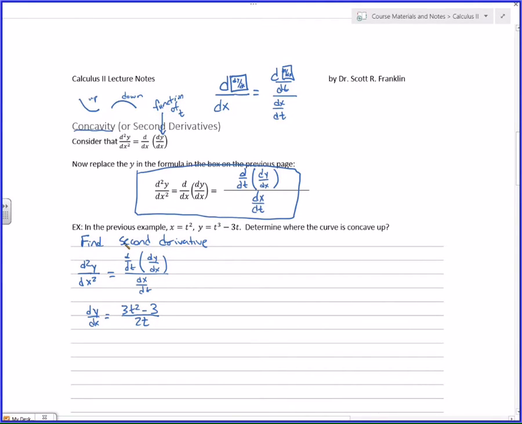Now you can either use the quotient rule on this on top, or you can actually split this up into two fractions. To me, that's easier. It's less messy than low d high minus high d low over low low. I could rewrite this as 3t squared over 2t, which actually turns into just 3t over 2 minus 3 over 2t.